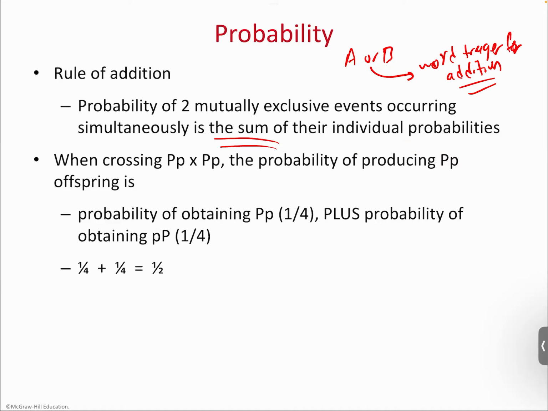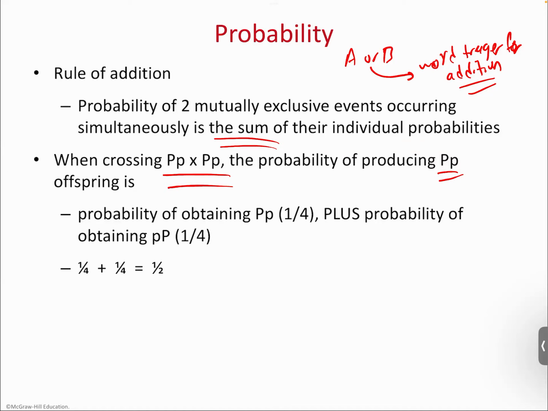So let's take a look at this. We're going to do the cross of our two heterozygotes. And what we want to know is the probability of producing the heterozygote, that is, the 2 class of the 1:2:1 genotypic ratio.